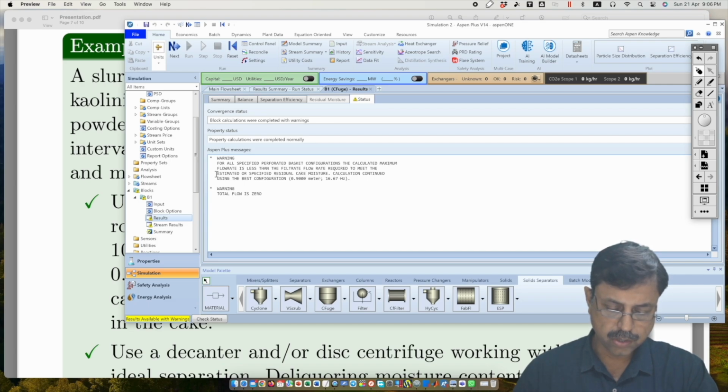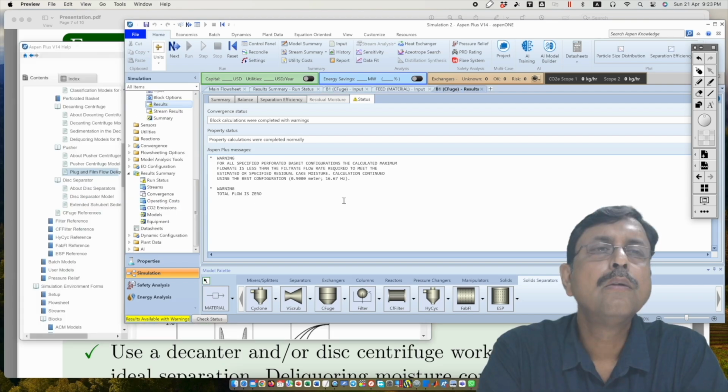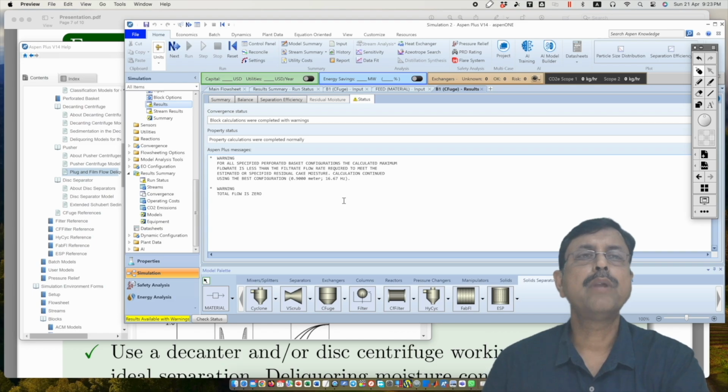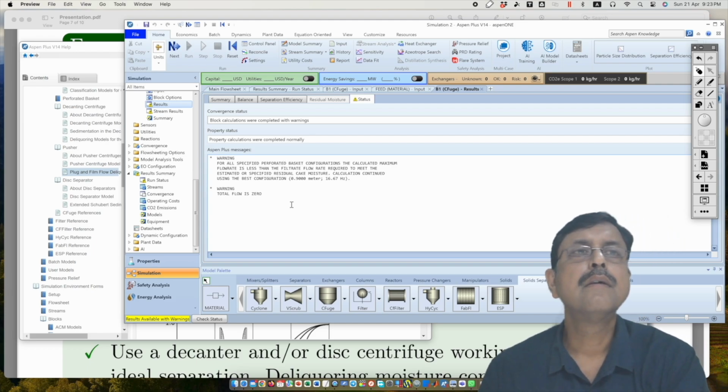So calculation continued using the best configuration. Whatever calculation is happening inside, it is saying that total flow is becoming 0. So in this problem, we are not able to meet the expected flow rate.